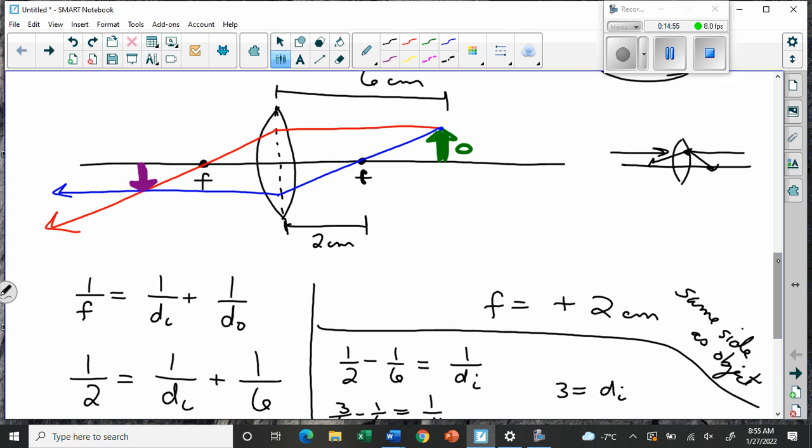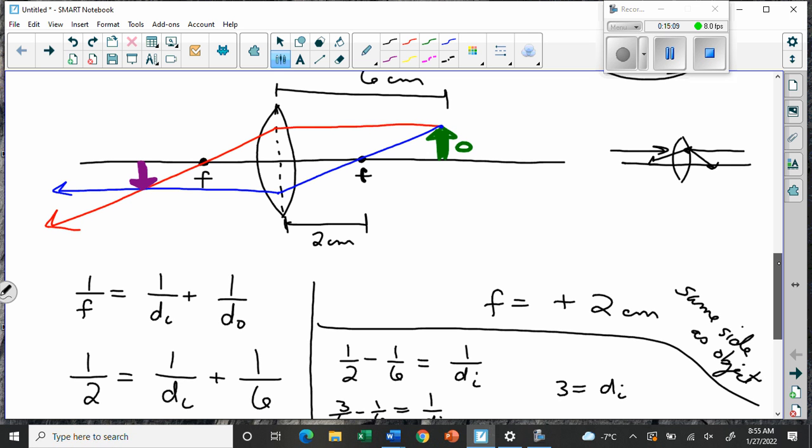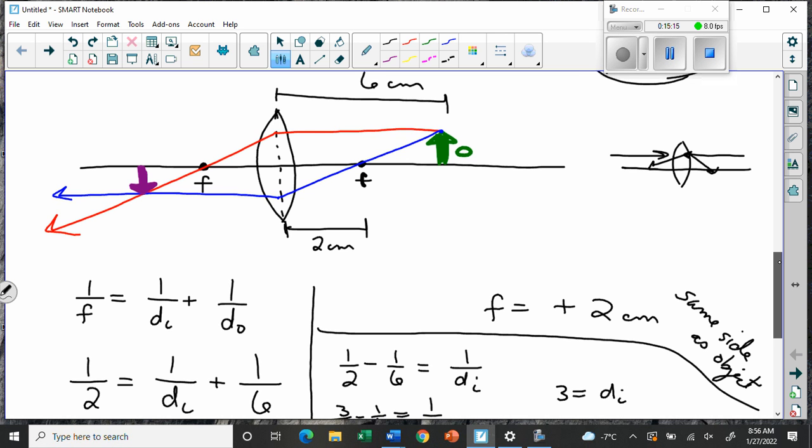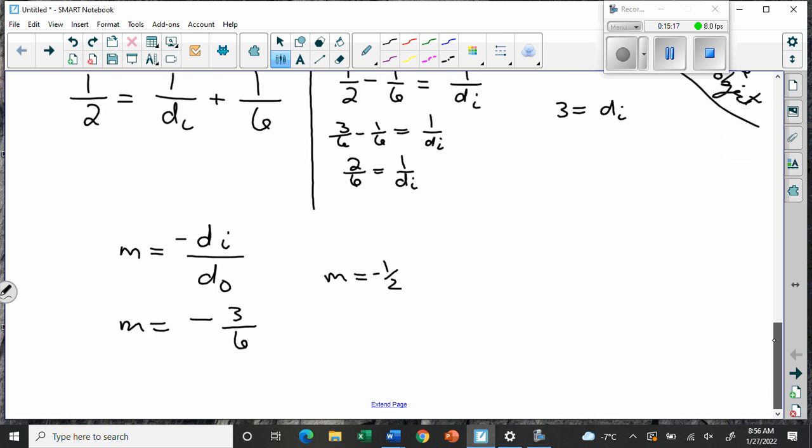So what we're basically trying to do is use a positive for anything you can touch, and a negative for anything that's only sort of an illusion of where the light comes from. Okay? So in this case, we did not have to imagine any light rays, did we? So therefore, there was nothing that was virtual. Let's go on and do another example.